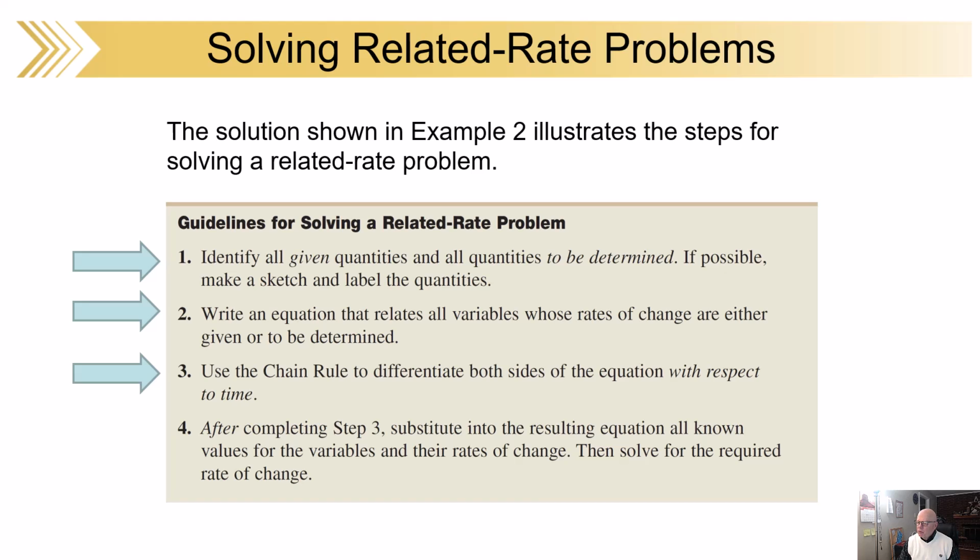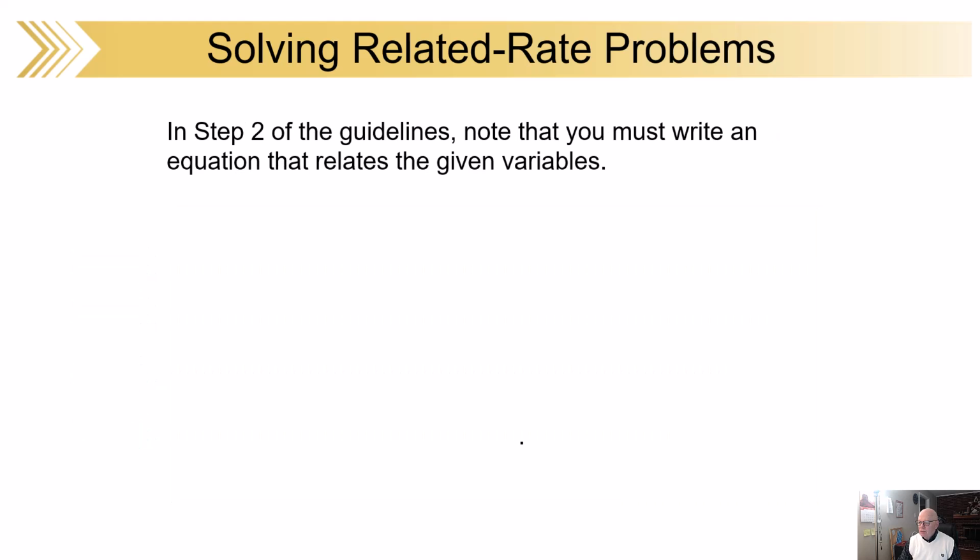Then use the chain rule to differentiate both sides with respect to time. Remember, it'll be d something dt for these. And last of all, put all the ones that you're looking for on the left side, all the rest on the right side. Solve for the required rate of change.